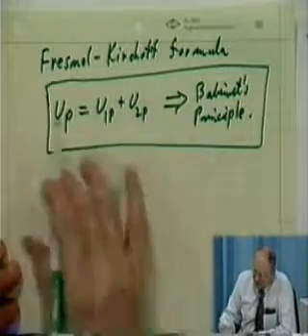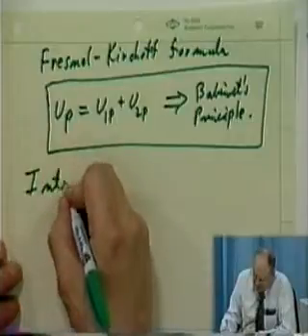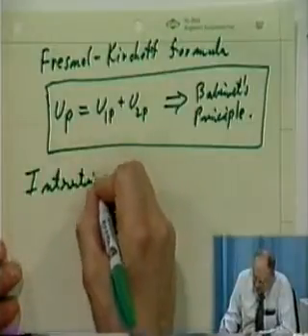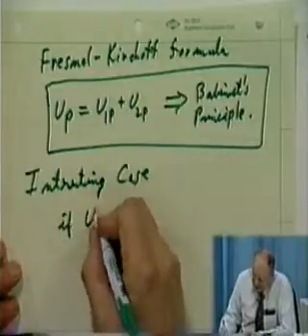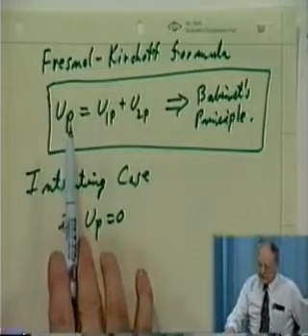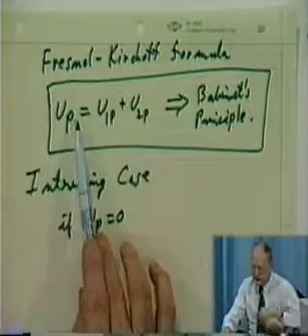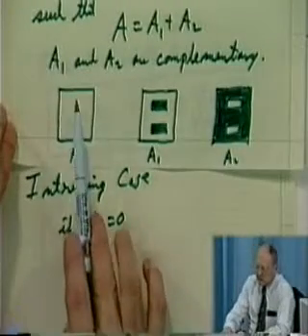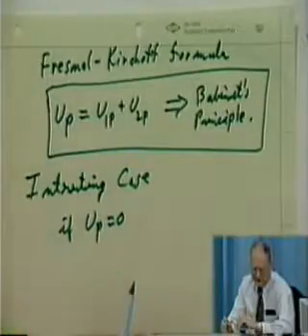Now, there's a special interesting case here, really kind of neat. So I'll say interesting case: if u sub p is equal to 0. Let's say we go to some place in our diffraction pattern where u sub p is equal to 0, so the disturbance produced by light going through this aperture is equal to 0.